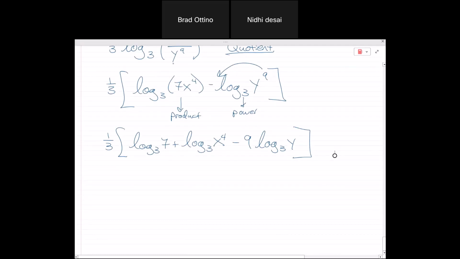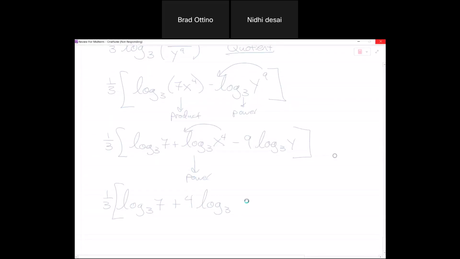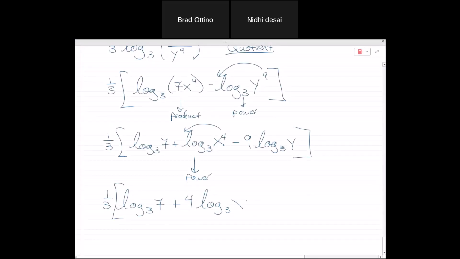And then we have one more power property. So the final answer would be 1/3 times the log base 3 of 7 plus 4 times the log base 3 of x minus 9 times the log base 3 of y.